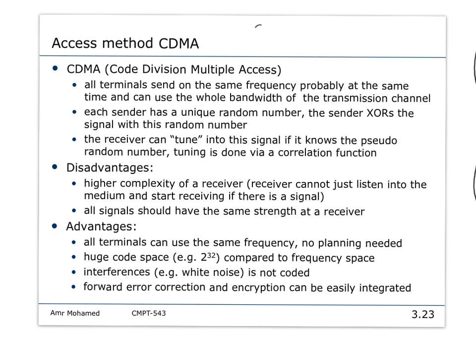But each node will be assigned only one code. That's it. And then it's up to the base station to use the code whenever it wants to send this particular node specific data. So if the communication happens in a star-like topology, then CDMA is highly possible and relatively efficient.